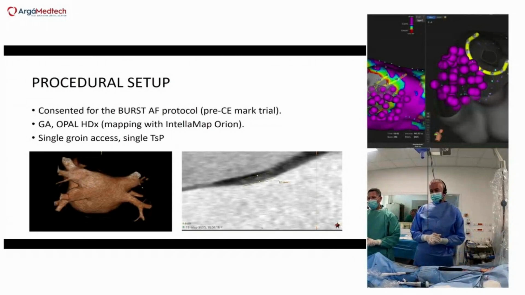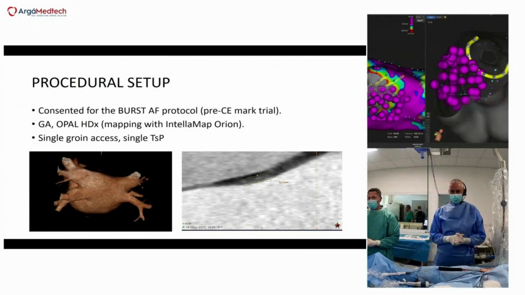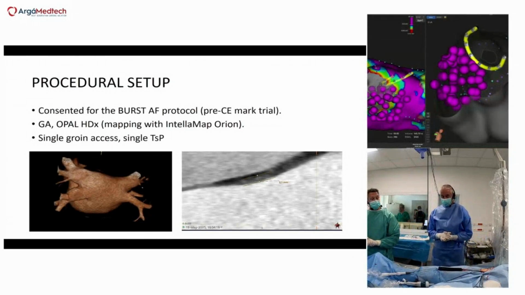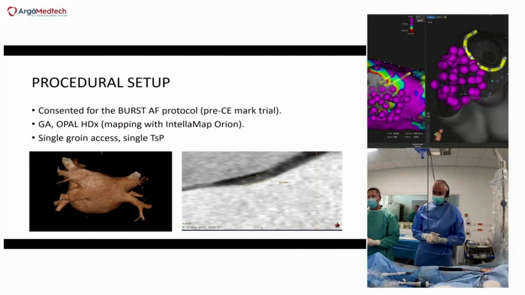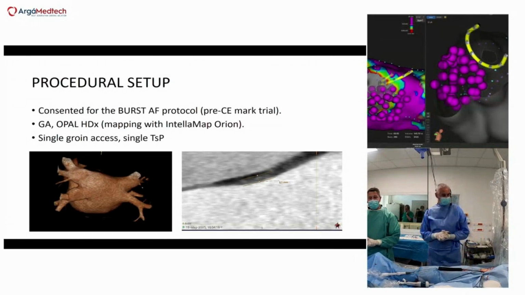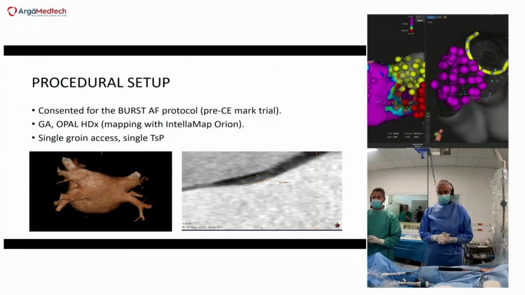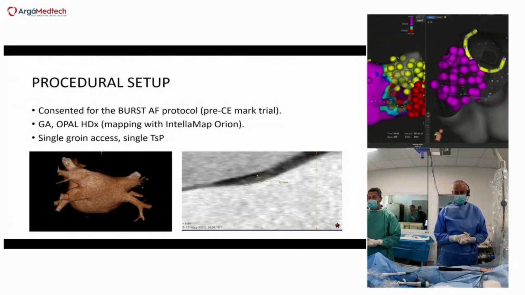So he's considered for the BURST-IF protocol, and he was enrolled. He's currently under general anesthesia. We did the mapping with the IntelliMap Orion catheter using the Opal HDX system. As you can see, there is a single groin access and a single transseptal. We also did a CT scan before, which was mandatory according to the study protocol.